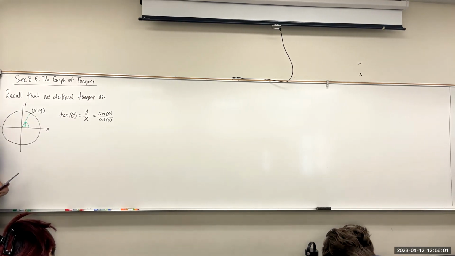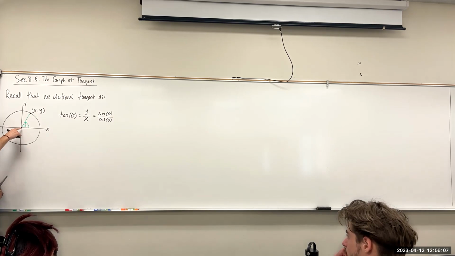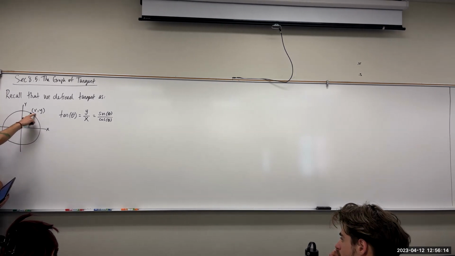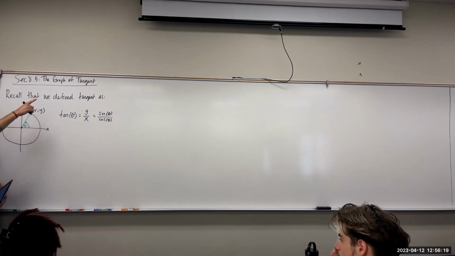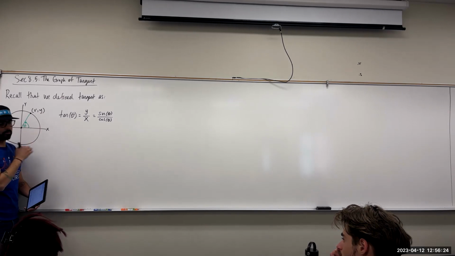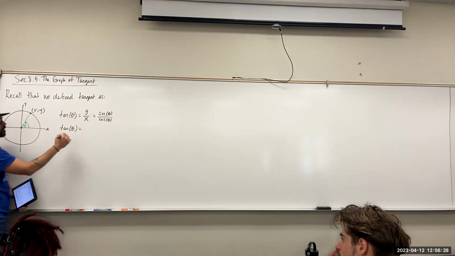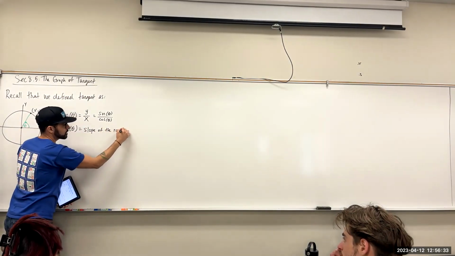And then maybe this was discussed in your previous trig class, or maybe it wasn't. But another way of thinking about this is that your radius is a line connecting the origin with the point x comma y. So if you think about the line crossing through the radius, it has a slope according to whatever the tangent of theta is. The tangent of theta, at least on the unit circle, you can also think of as the slope of the radius.